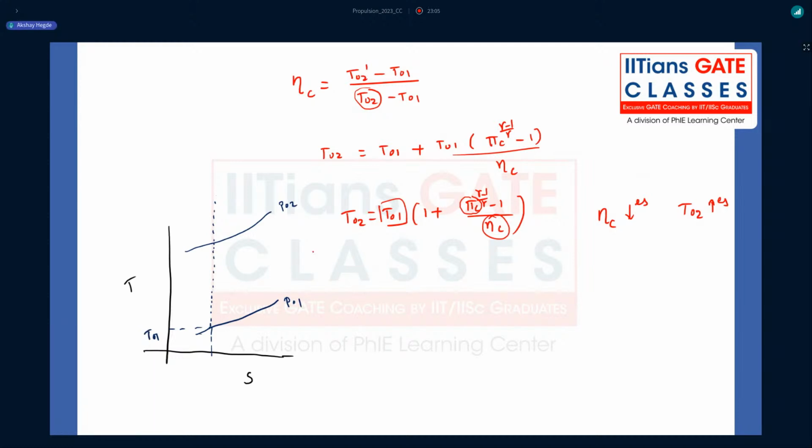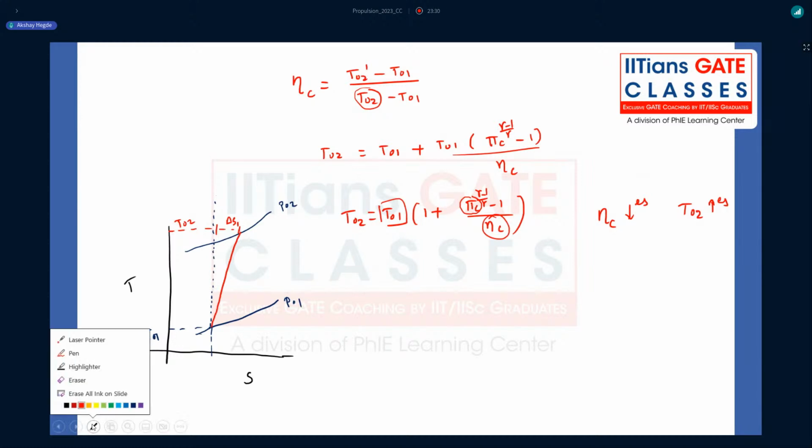Now consider a case 1 where you are rising to T02. Just take a different color here. So consider a condition 1. I am going to T02. That is this much of delta S change. I'll call it delta S1. Now you see I'm fixing the same pressure ratio, but I want to increase the exit temperature.